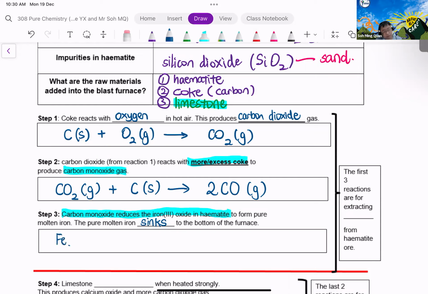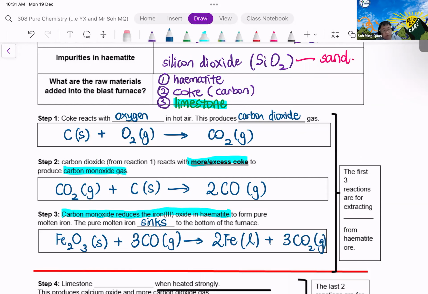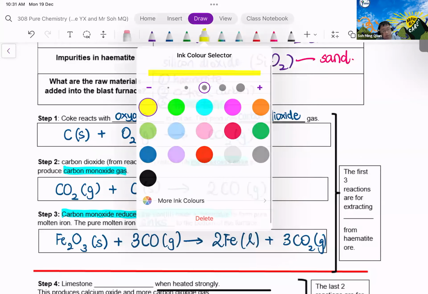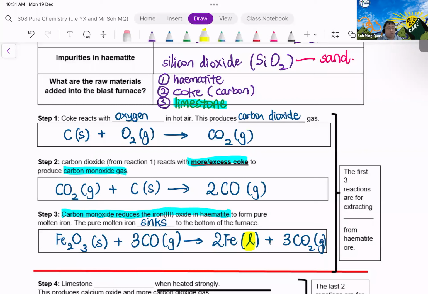The equation for this, iron trioxide is a solid plus carbon monoxide gas. Now this forms molten iron. Because it's molten, you must know the state symbol is liquid. Okay?